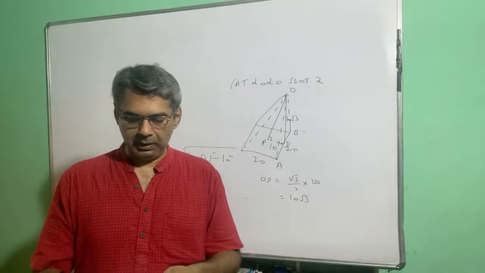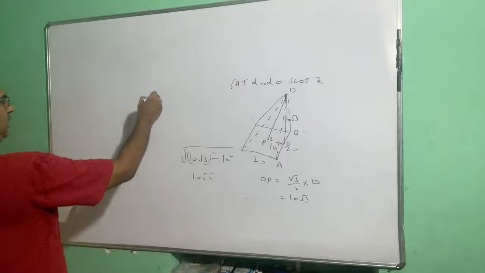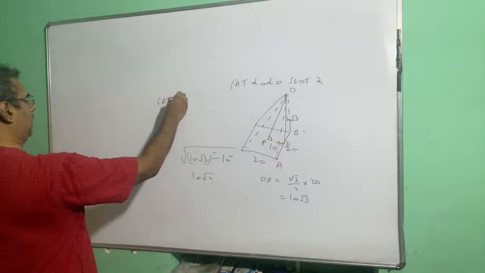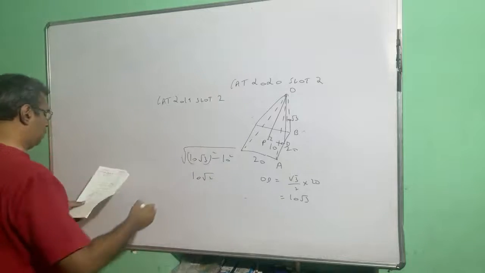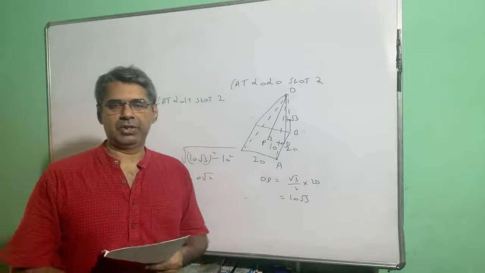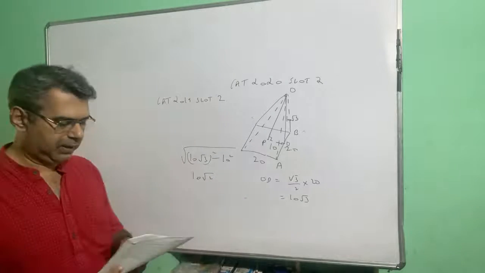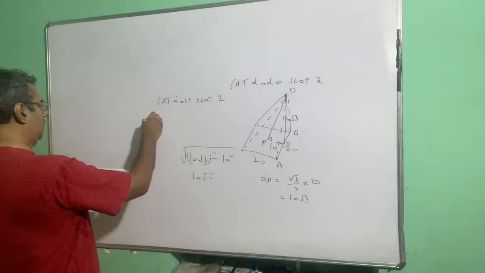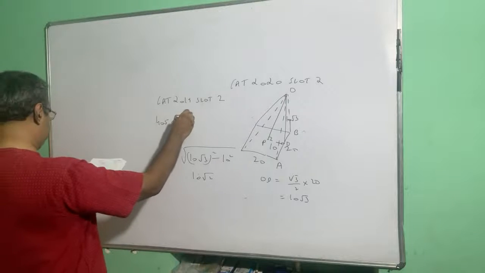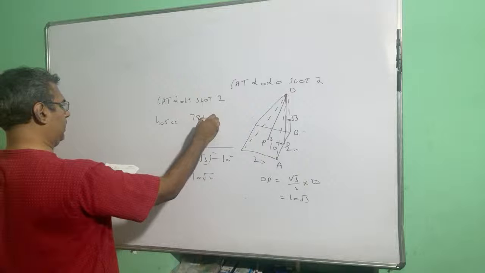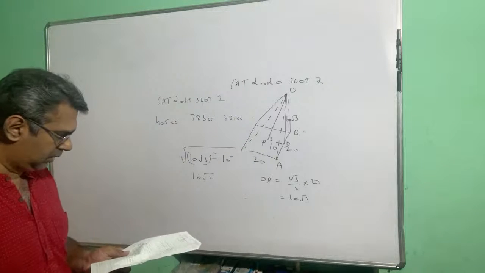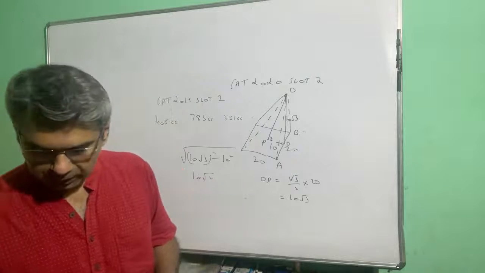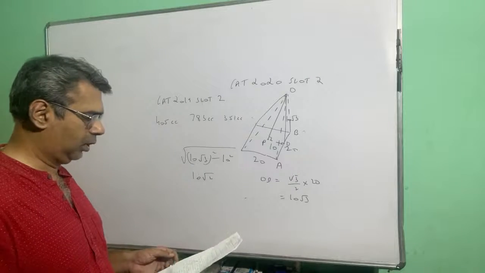For example, this question came in CAT 2019 slot 2. There were 3 different volumes of metal: 405 cc, 783 cc and 351 cc.